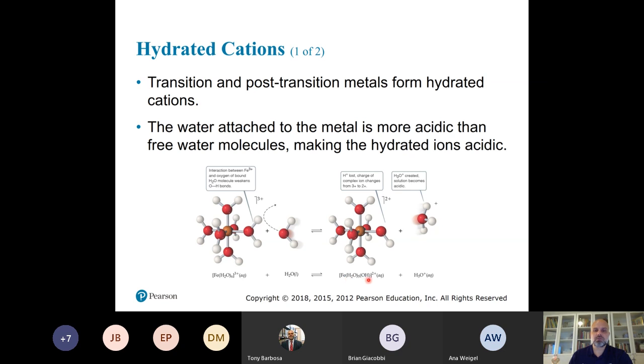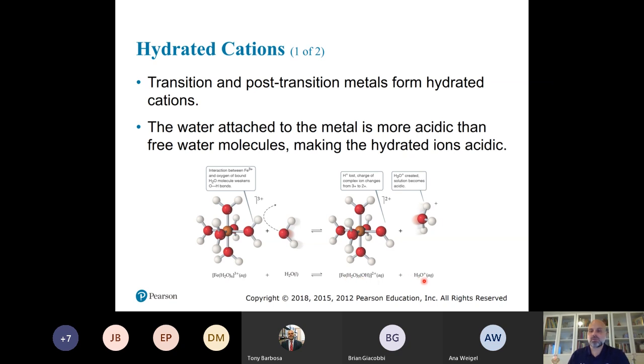The complex goes to a 2+, and you form the hydronium ion down below. So when we're thinking about this, you can see by simply dissolving iron 3+ in water, we form a hydrate, and that hydrate can react with water and make an acidic solution.